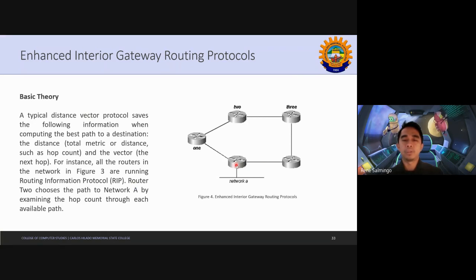From 3, you have 3 hops. From 2, you have 2 hops. From network A, you have 2 hops in the second router.